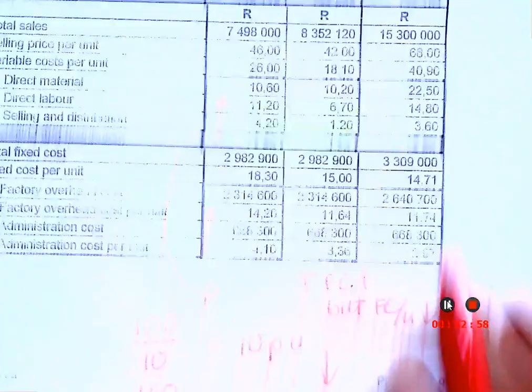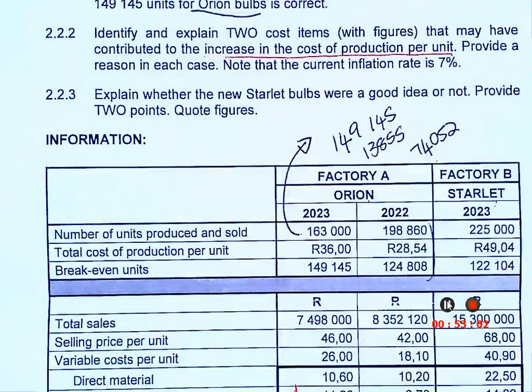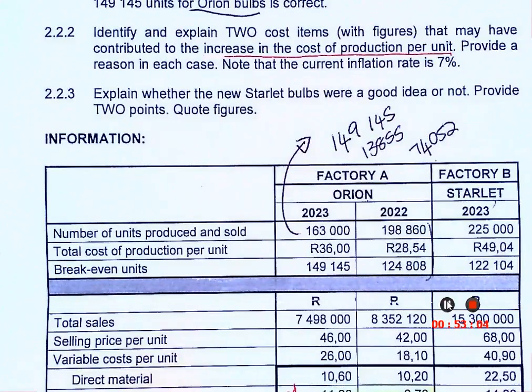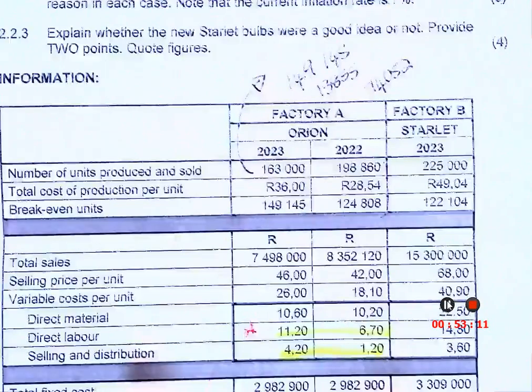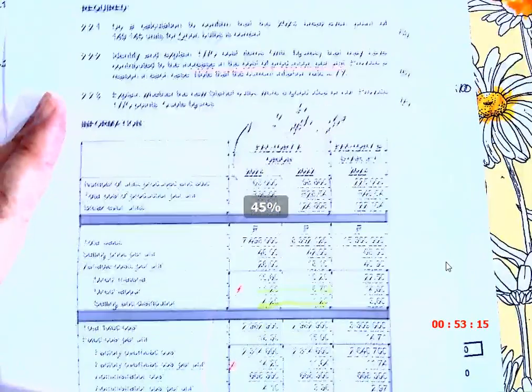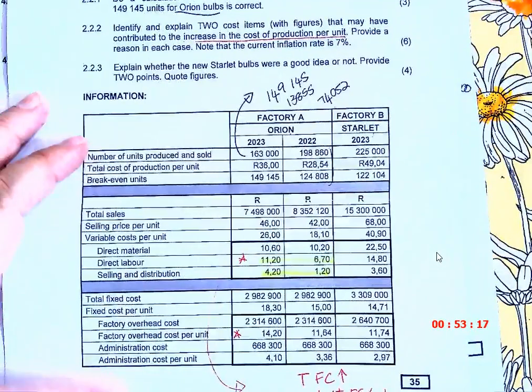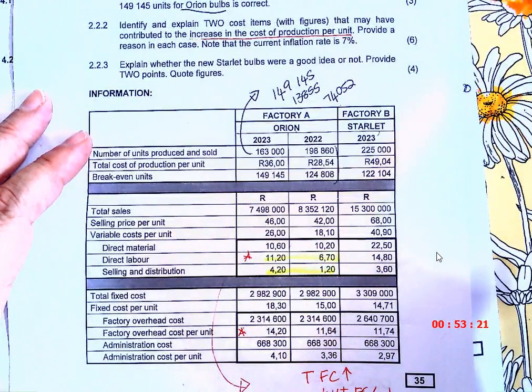So, explain whether the new Starlet, so now we look at the last column, was a good idea or not. Provide 2 points, and now it's just random things that you have to look at. What happened? We used to only sell one bulb, Orion, and now we sell Starlet as well. Now, is that a good idea?